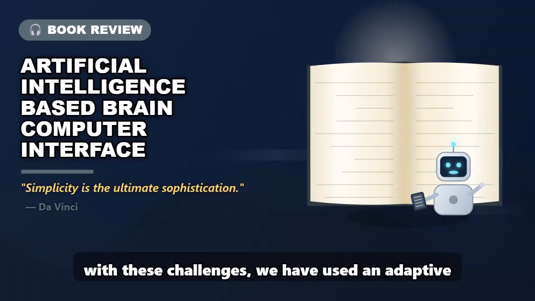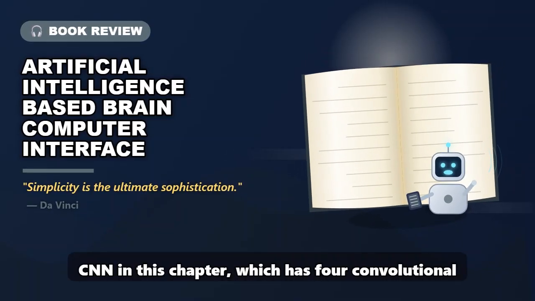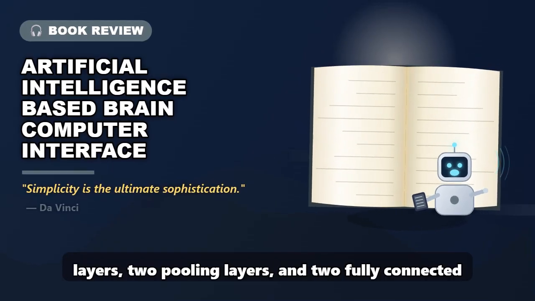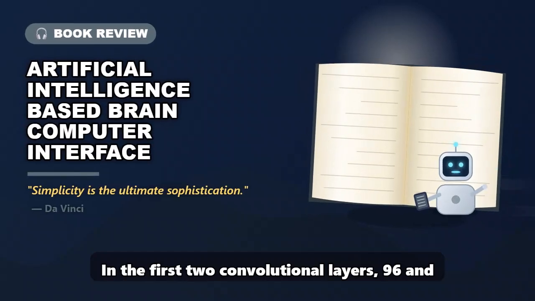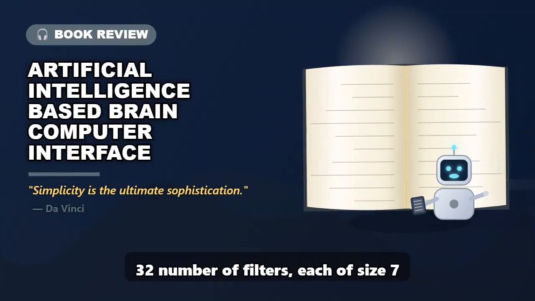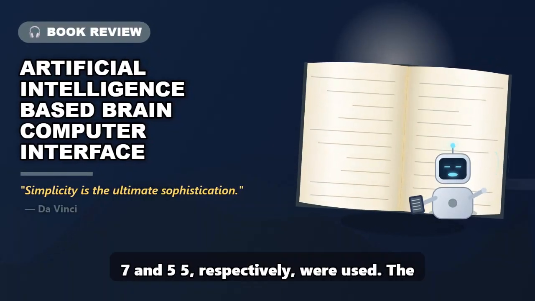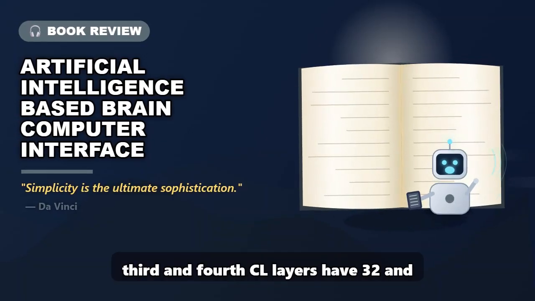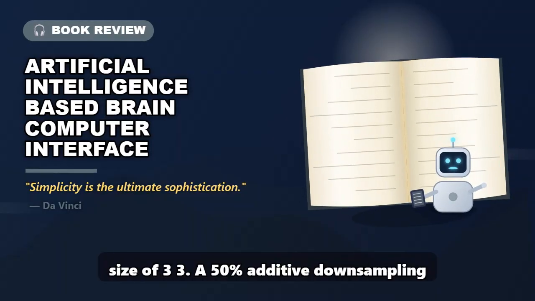To deal with these challenges, we have used an adaptive CNN in this chapter, which has 4 convolutional layers, 2 pooling layers, and 2 fully connected layers. In the first 2 convolutional layers, 96 and 32 filters, of size 7x7 and 5x5 respectively, were used. The third and fourth CL layers have 32 and 16 filters, and each filter has a size of 3x3.